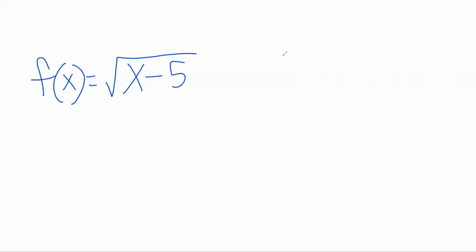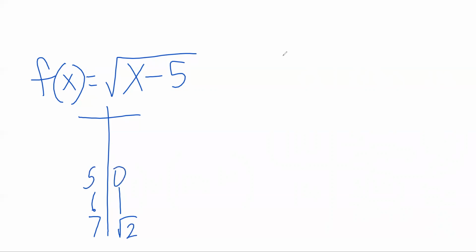It's a great way to express flattening revenue or any other situation where numbers flatten over a period of time. Now, in this particular situation, once again, we could t-chart, we could pick values. 6 will lead to 1. 7 will actually lead to the square root of 2. 5 will lead to 0.